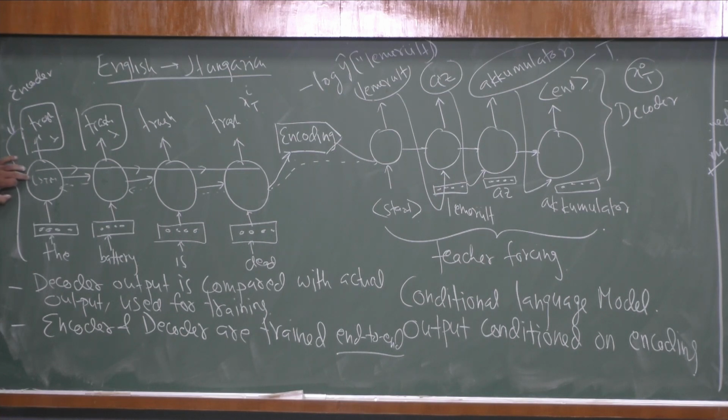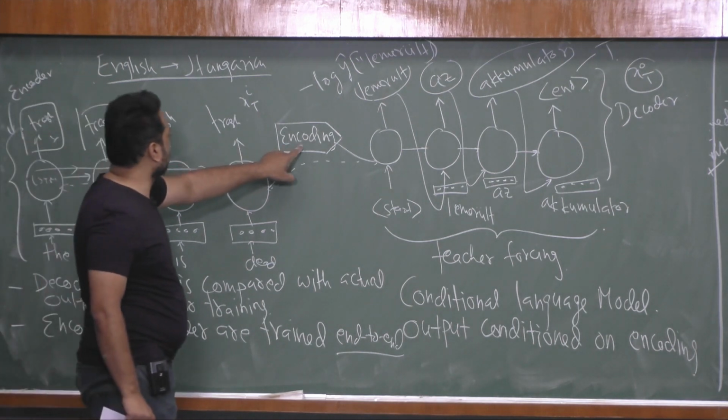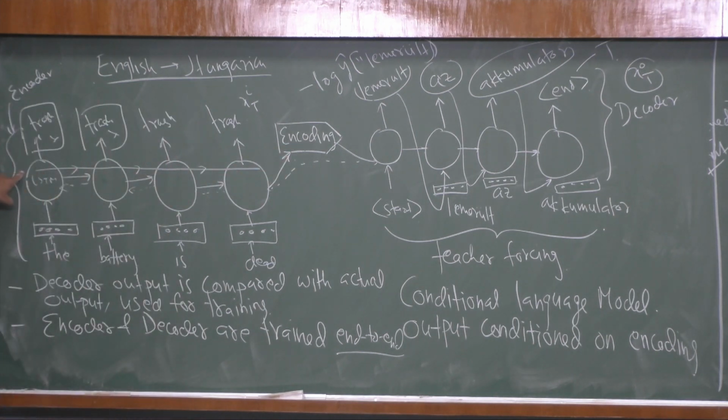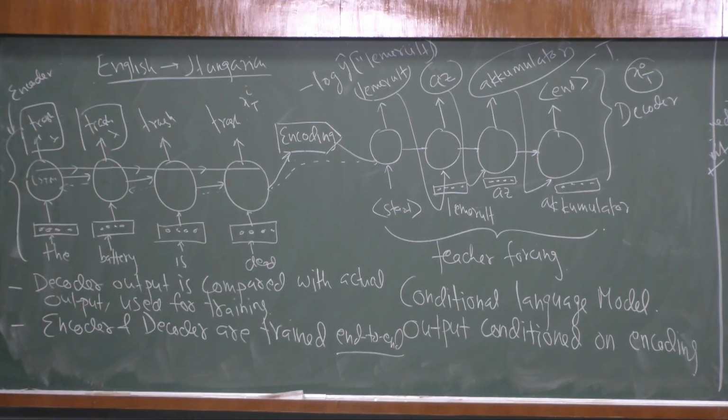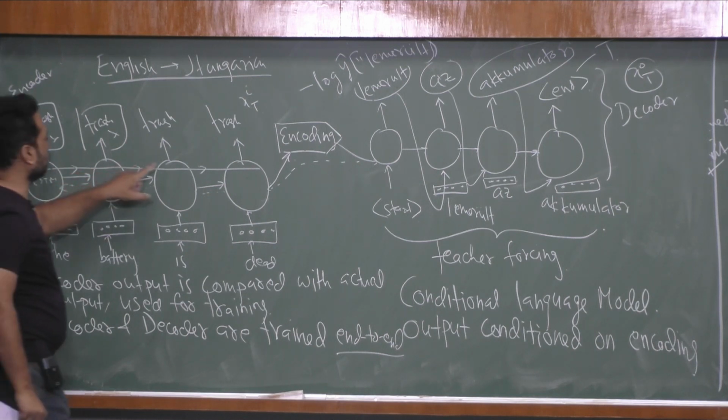LSTM also could be used, but still we believe that even with having LSTM, the encoder has a lot of pressure to encode information, especially if the input sequence is very long. There is a lot of pressure on the encoder to capture all the context in this one state. And hence the idea of attention says: why can't you directly use this hidden representation?